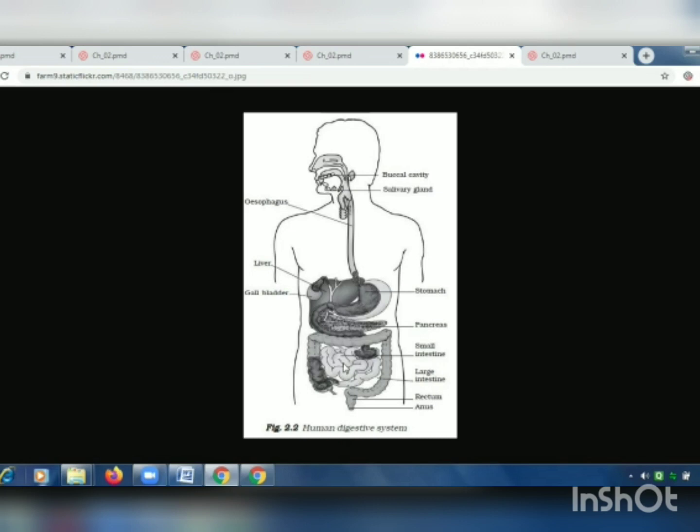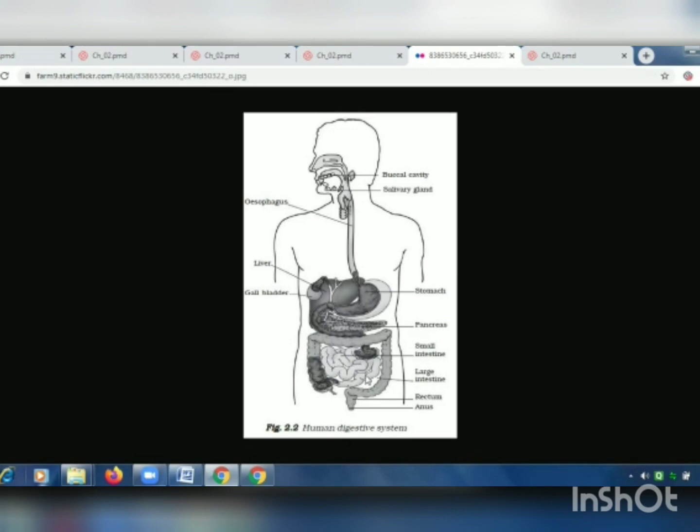After the food is fully digested in the small intestine, it is absorbed by the walls of the small intestine and then by the blood vessels present there, and sent to each and every part of the body.